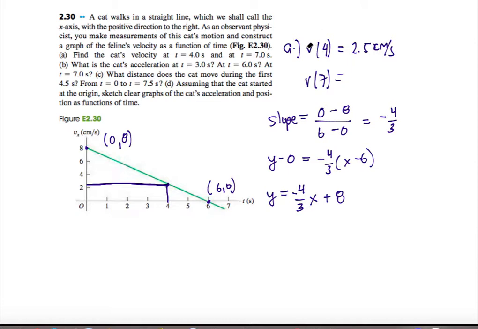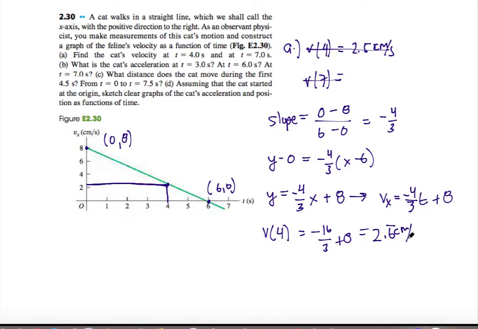So instead of just reading off my graph, now that I have an equation, which I should rewrite as Vx equals negative 4/3 t plus 8, I can write that the velocity at 4 seconds will be negative 16/3 plus 8, or, with some calculator magic, 2.666 repeating meters per second, or centimeters per second.